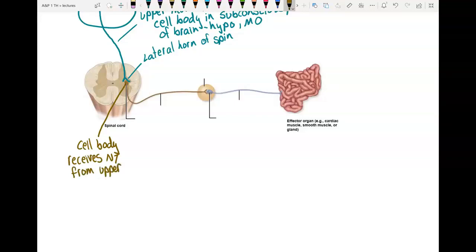Okay, then its axon is going to go through the anterior root and to a ganglion. So here we have a ganglion. So this does have a cell body out in the PNS.